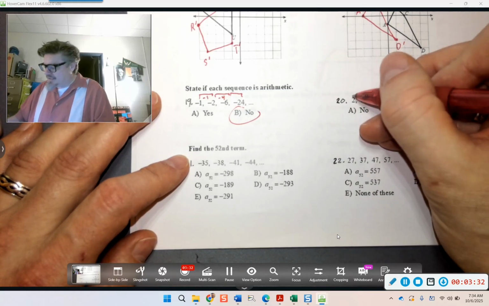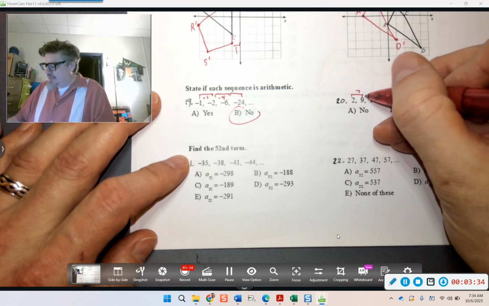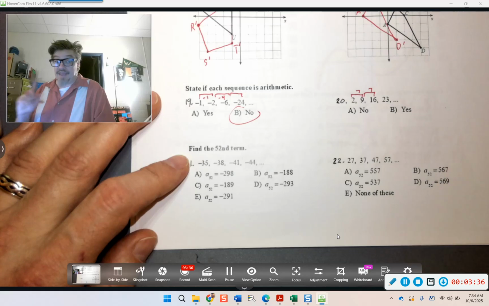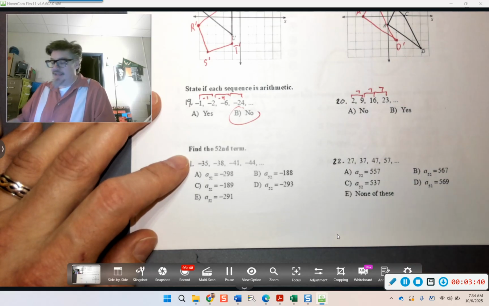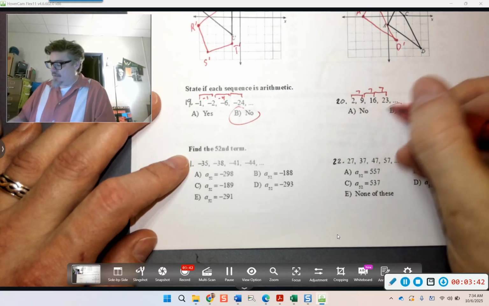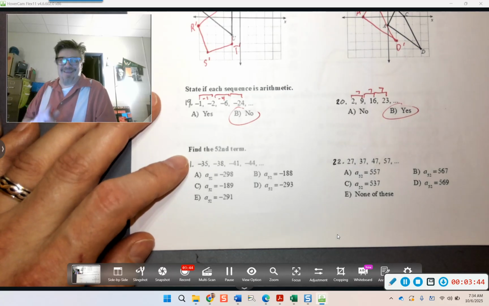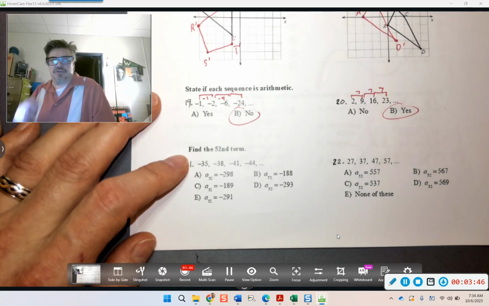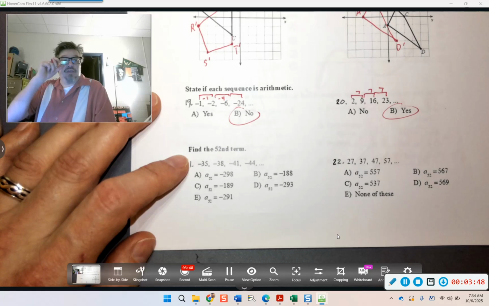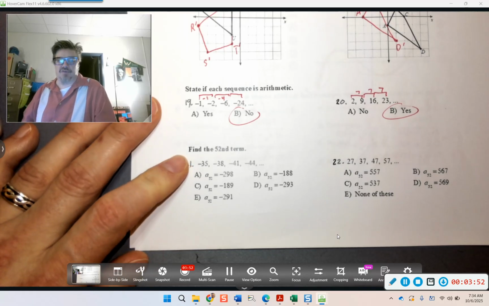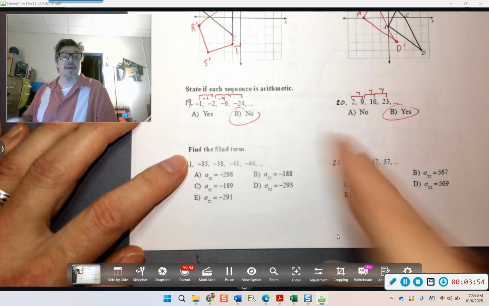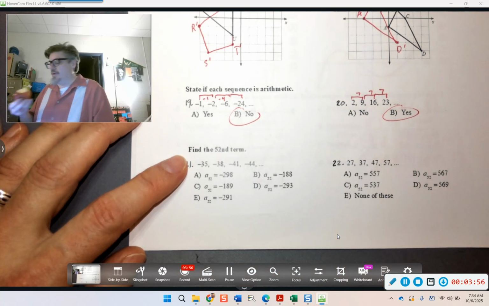Now let's see about this one. He's going up 7. Okay, he's going up 7. So far so good, but they all have to be up by 7. So luckily this one is also up by 7. So if one of them is not going up the way that it should, then it will actually not be arithmetic at all, and you would just circle no. So these are going to be pretty easy, but we haven't had one of those questions really.